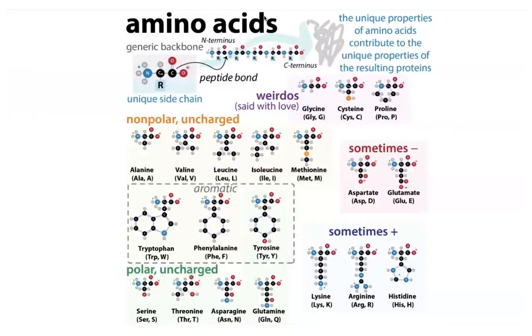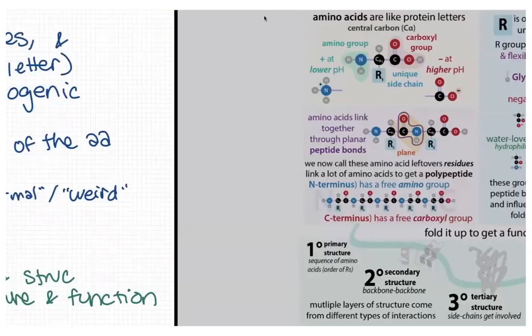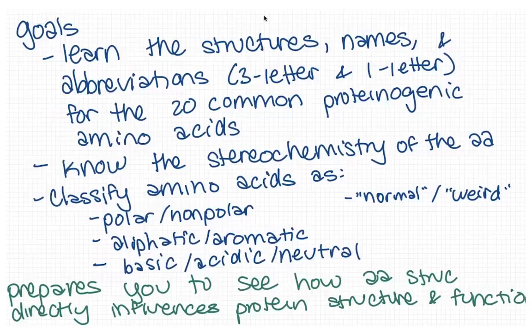So hopefully now you can see how the properties of each of these amino acids are going to influence the final structure of the protein, and that final structure of the protein is going to influence the function of the protein. We'll look much more explicitly at how this happens in later posts, but all of it is going to be based off of those amino acids and the sequence of amino acids.